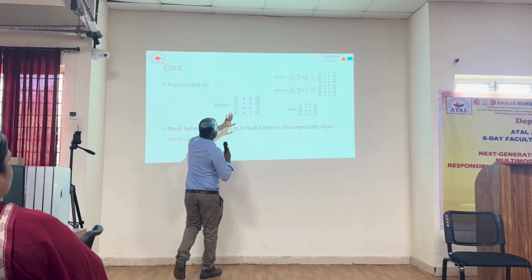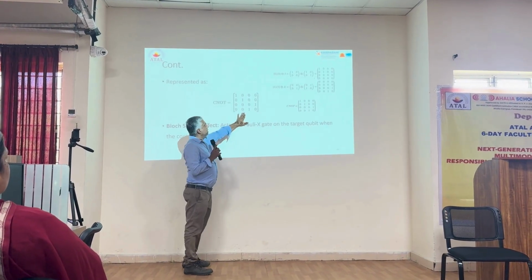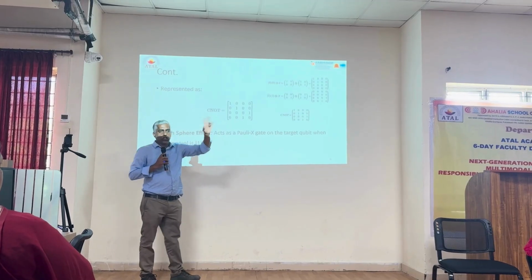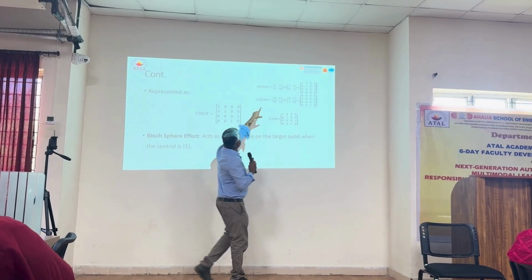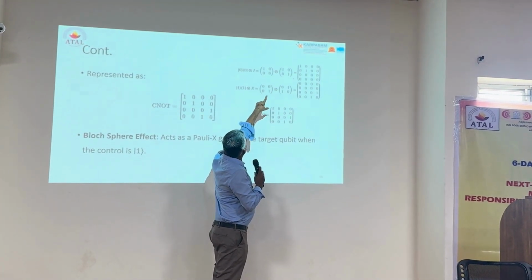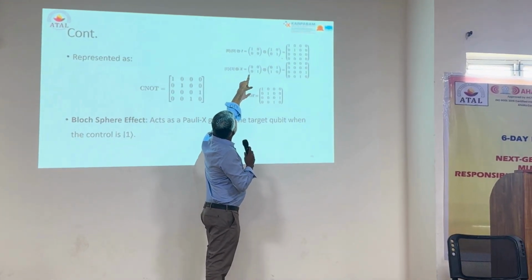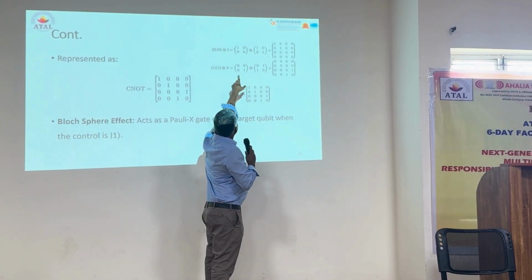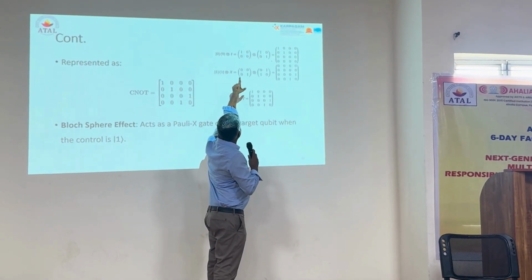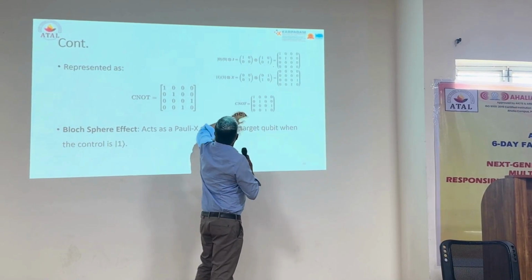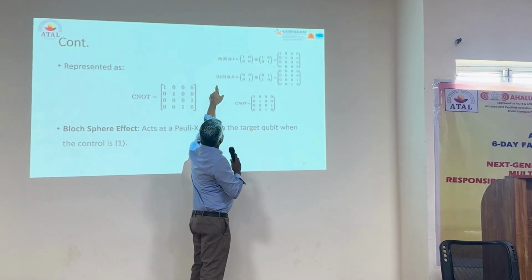How do you achieve this unitary matrix? Consider we have 2 qubits in state 0, 0. That is represented as a matrix 1, 0, 0, 0, and then we have the identity matrix. If you perform the tensor product over these two matrices, you will get a result like this. Next we have the one state.